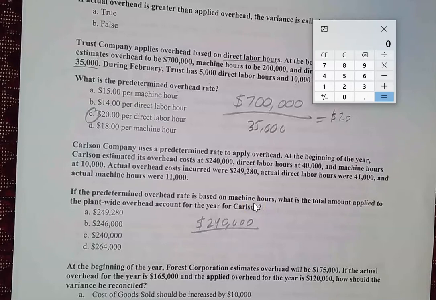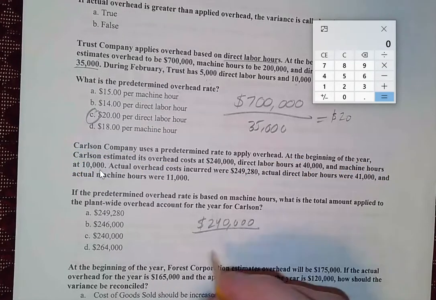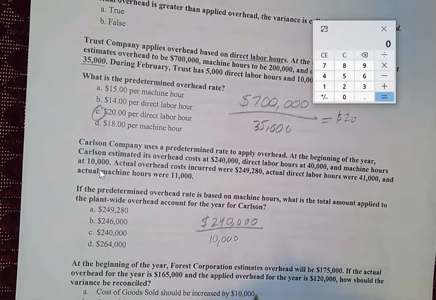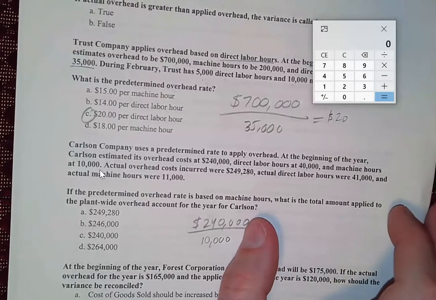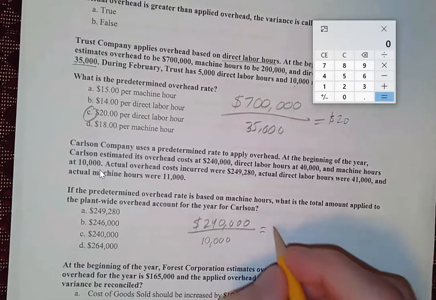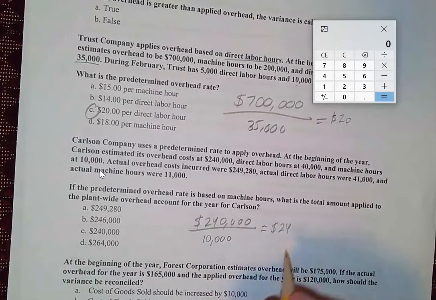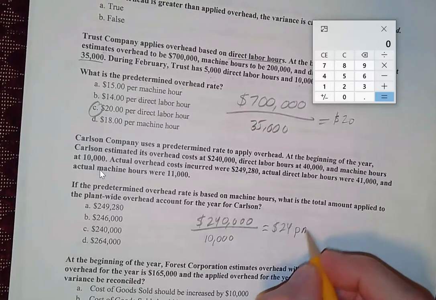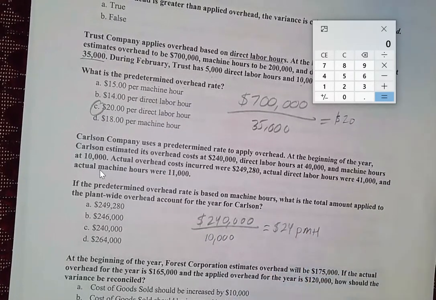So in this question, we don't care about direct labor hours, we care about machine hours. So immediately we're going to know, hopefully, that 10,000 is going to be our activity level that we're going to use. And from this, we can determine what our predetermined overhead rate is. And it is $24 per machine hour.